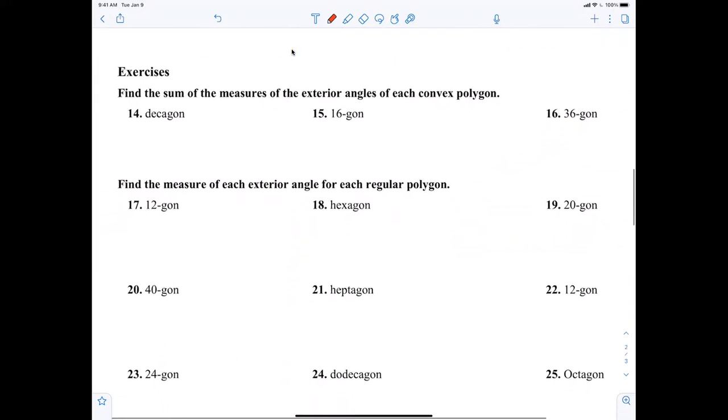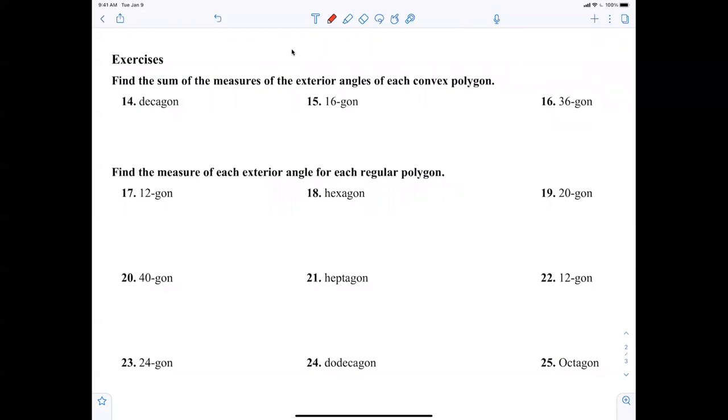Number 14. Find the sum of the measure of the exterior angles of each convex polygon. Help me, guys. 14, 15, 16. What are those answers?